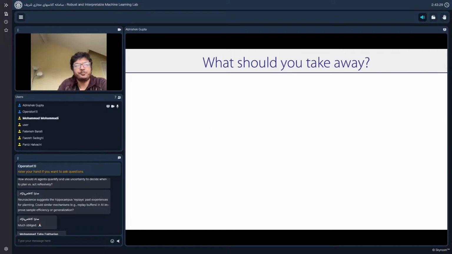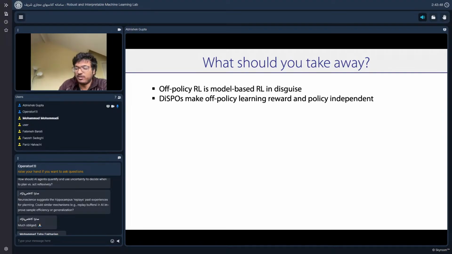Okay, so what should you take away from these insights? Basically, the argument is that off-policy reinforcement learning, things that look like Q learning or TD learning, is actually model-based reinforcement learning in disguise. You have to get Q functions that are independent of rewards and policies.